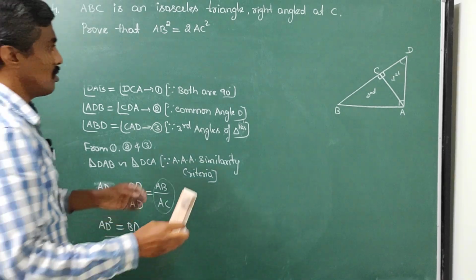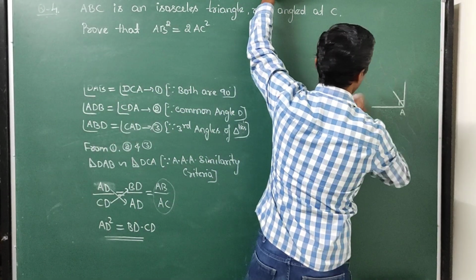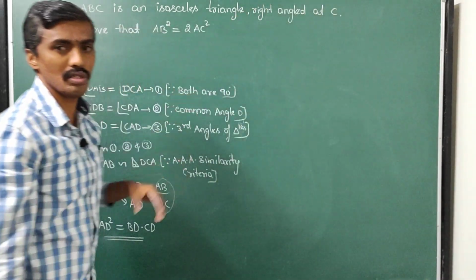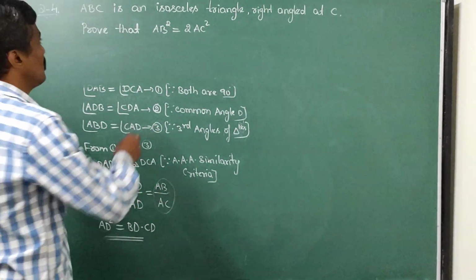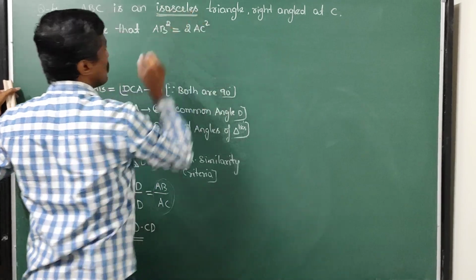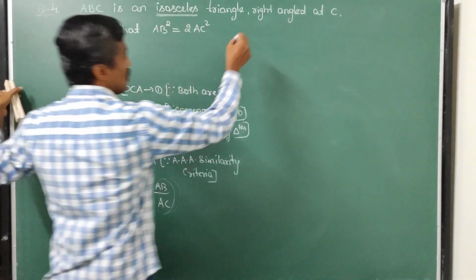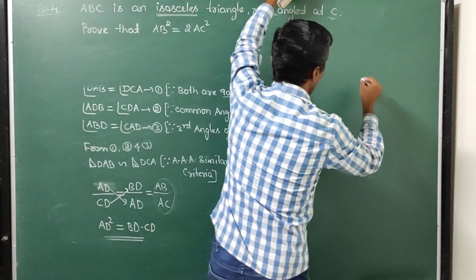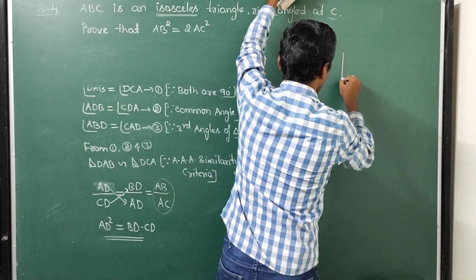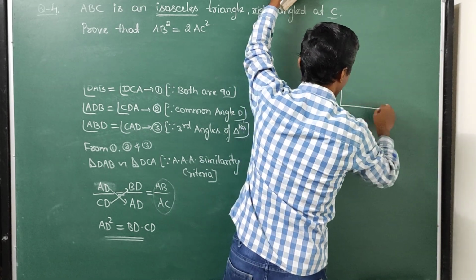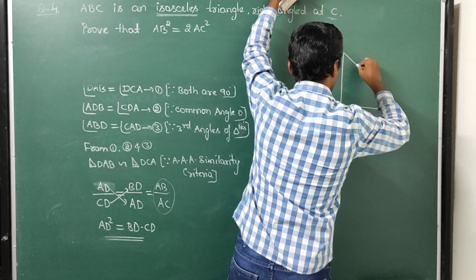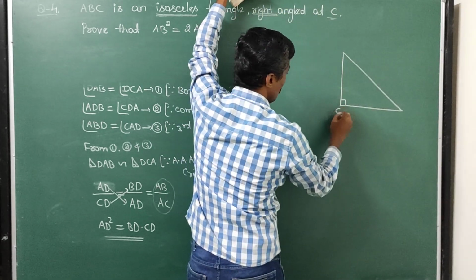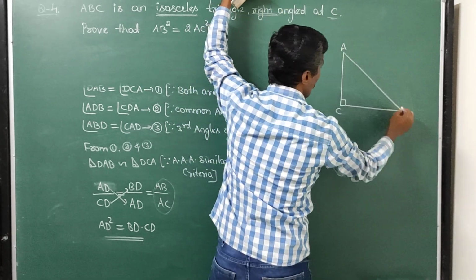So they are given a triangle ABC, but it is right angled as well as isosceles. You know the meaning of isosceles triangle and right angle triangle. So right angle at C, so let me draw a triangle ABC. Right angled at C, so C is here, then AB is the hypotenuse.